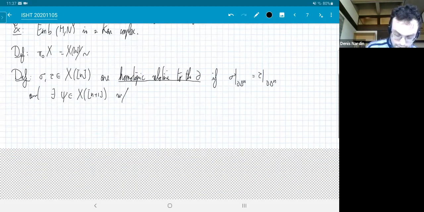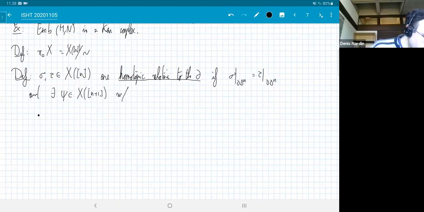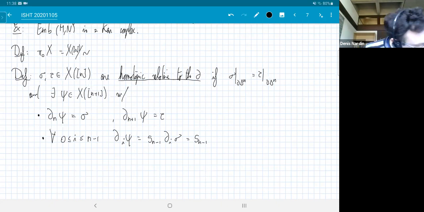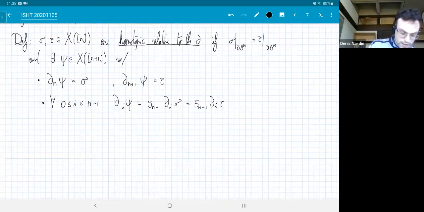And there exists an (n+1)-simplex with its n-th face of psi being sigma, and its (n+1)-th face being tau, and for every i from 0 to n minus 1, the other faces, you have delta_i of psi is the degenerate simplex corresponding to this.